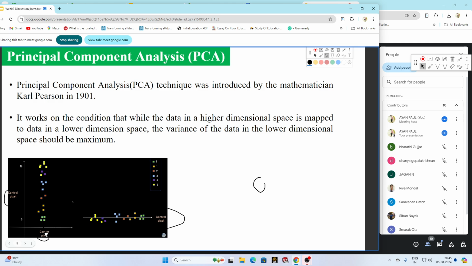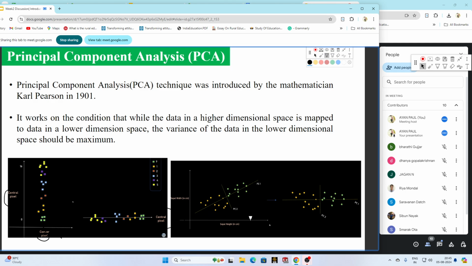We can even eliminate the corner pixel. That is the concept of PCA. Wherever there is more variation in data, we consider that variation as a different axis. Here the center pixel has more variation in data, but the corner pixel has no variation. So we can reduce these two inputs into one input, only the central pixel.